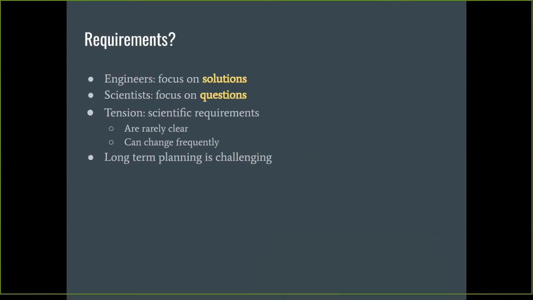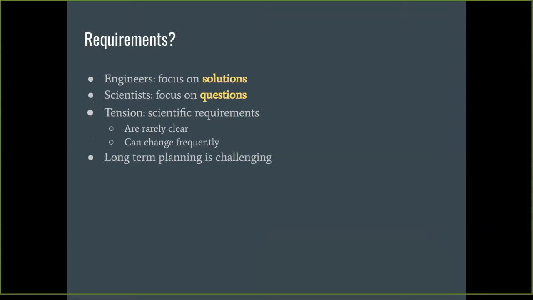And talking about requirements, it's kind of complicated in science because, as I said before, scientists focus on questions and engineers focus on solutions. This generates a lot of tension because the scientific requirements are rarely clear and they can change frequently. I don't think this is a special case in science.